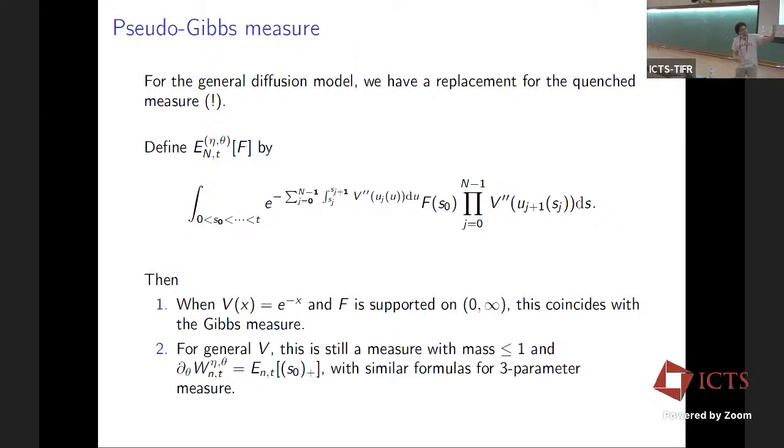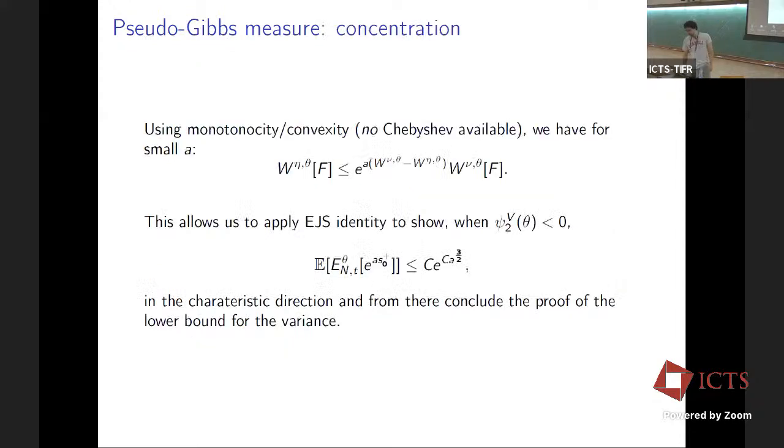But it's still a measure with mass less than or equal to 1. And it is still the case that with respect to this measure, we can represent the derivative as SCO plus for any diffusion, even though we did not start with something that was actually a polymer. So we just manufactured this polymer model out of nowhere, and that's what you get.